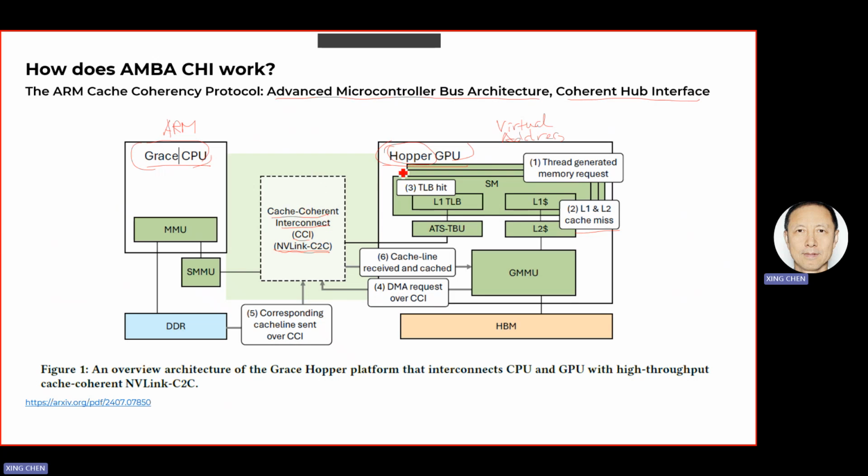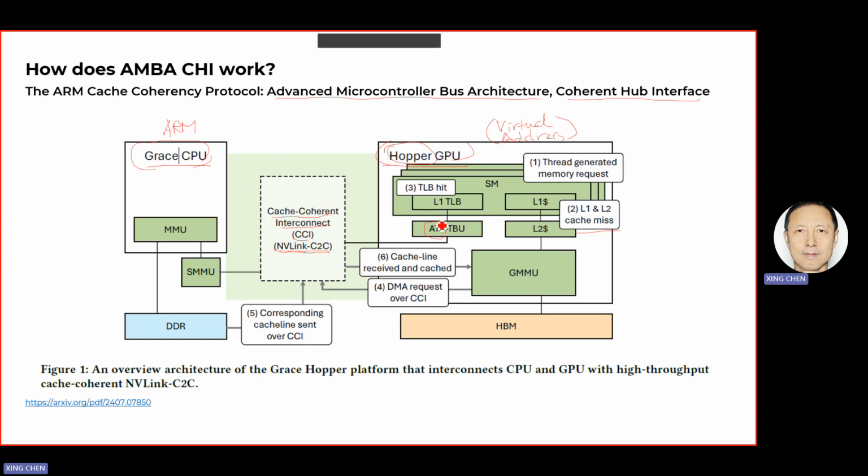So then the GPU is going to check the translation lookaside buffer to understand whether this address has been translated into the physical address. There is a hit, which means that this virtual address has been translated into the physical address.